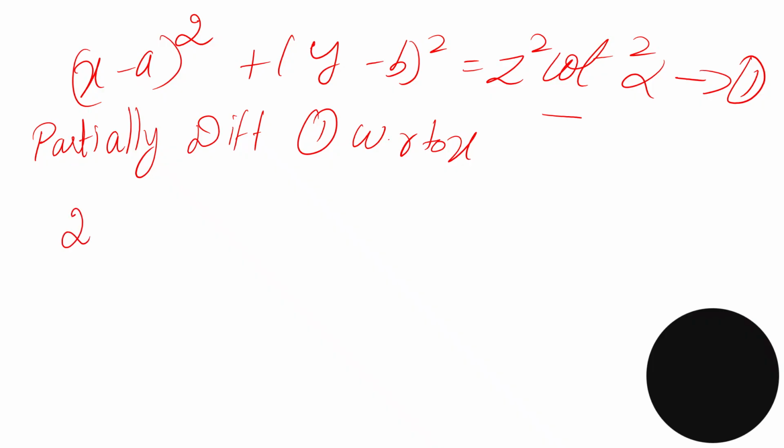For the first term, what is the differentiation of x power n? It is n into x power n minus 1. The same thing: 2 into (x minus a) power 2 minus 1, into the bracket differentiation, which is 1.